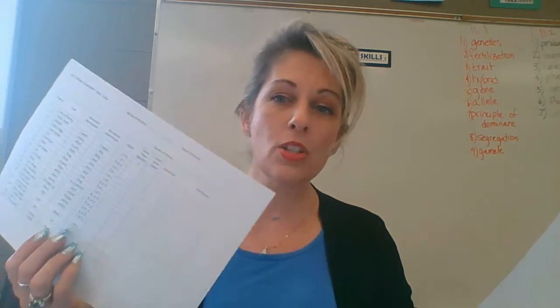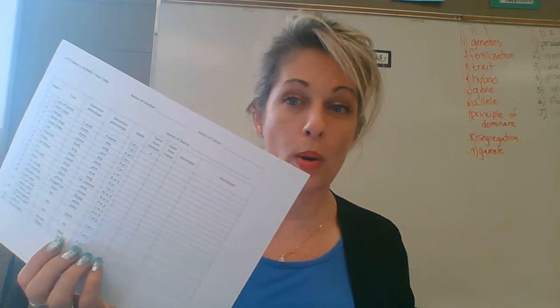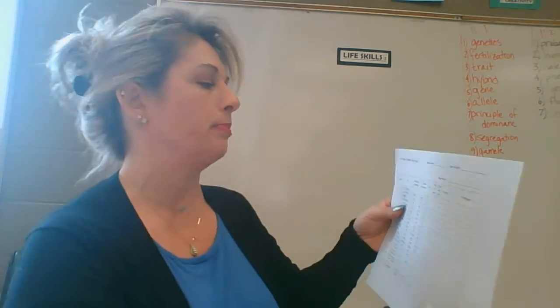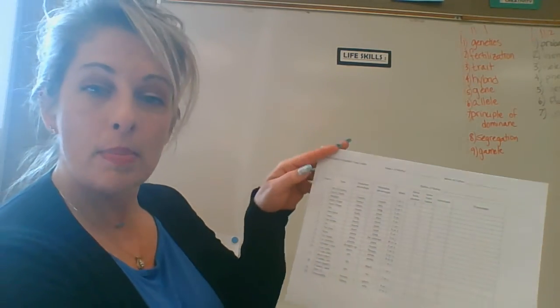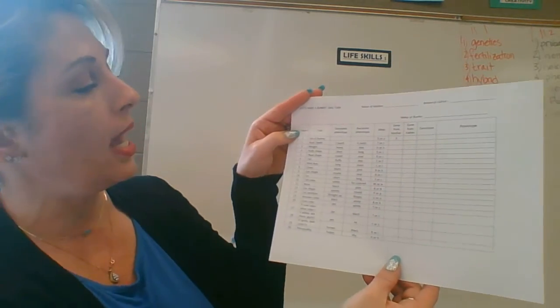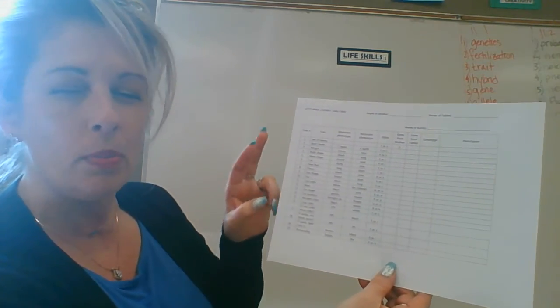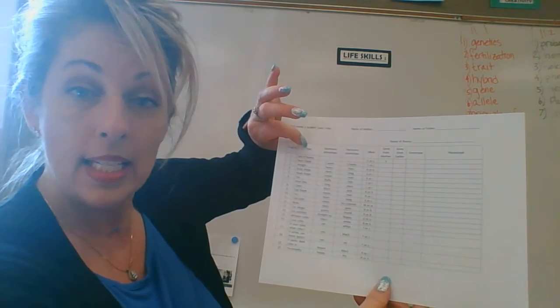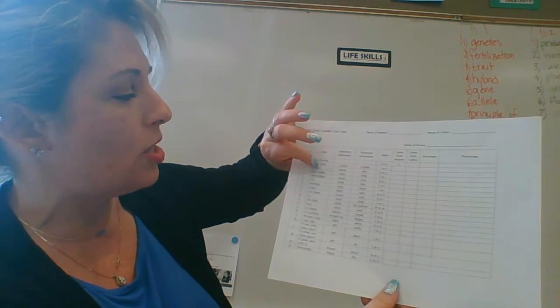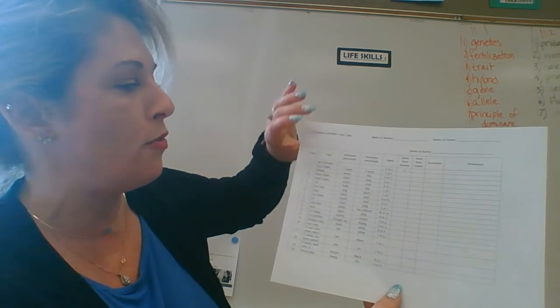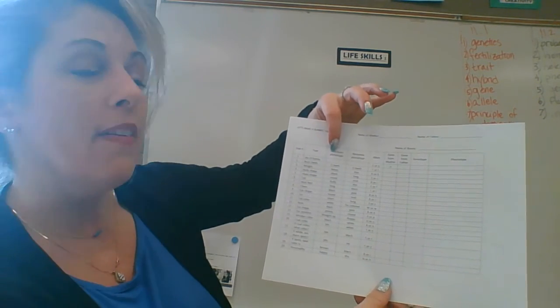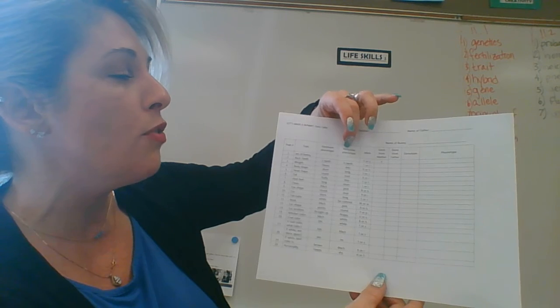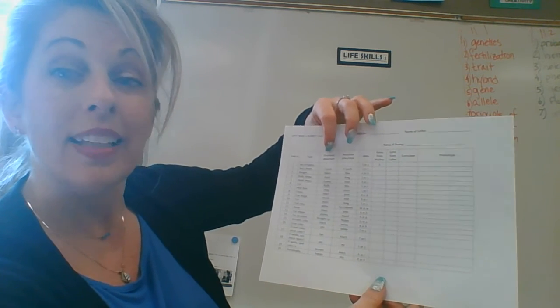Now, as you do it, you're going to be filling out this form. So let's look at this form right here. The first column says trait number, okay? The trait number. I just numbered them so it would be easier to keep track of. The second column is the trait. And if you look at it, it's just what the features are of the bunny. The dominant phenotype and the recessive phenotype are alleles, right?